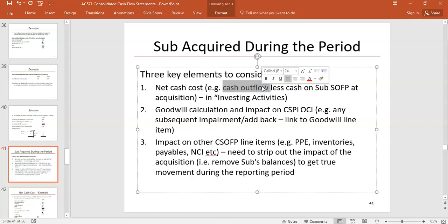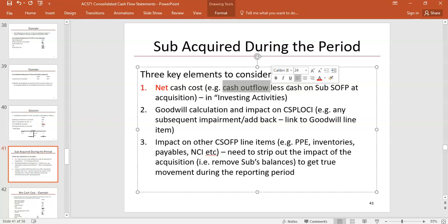Now you might pay shares as well, but that's not impacting the cash flow currently. And the net cash cost, the key word there being net, is the amount you paid less any cash you got on the subsidiary statement of financial position. Because remember, at the date of acquisition, that sub may have some cash, which you're now buying. So you net that off against the cash outflow of what you're paying to have the net impact on cash.